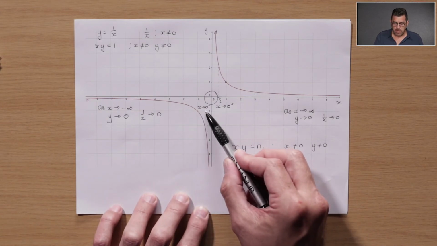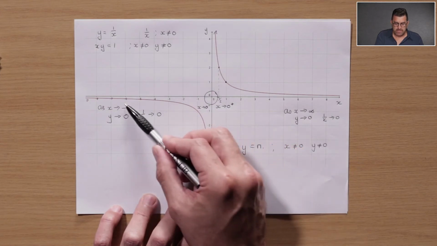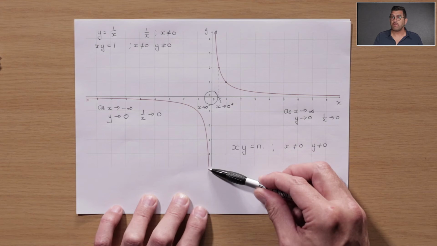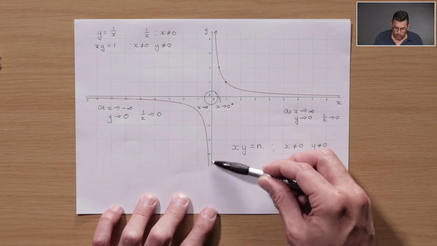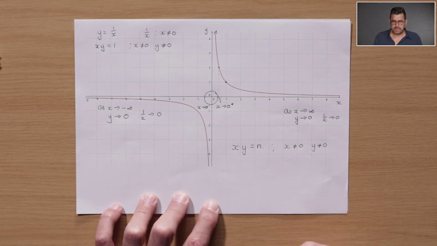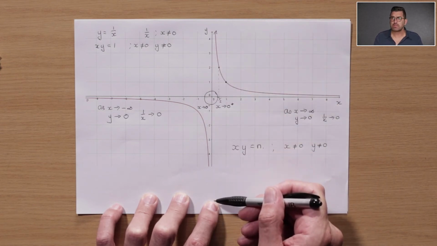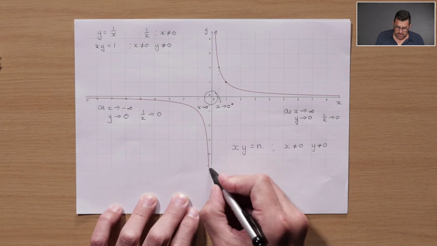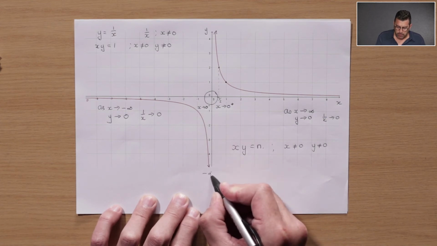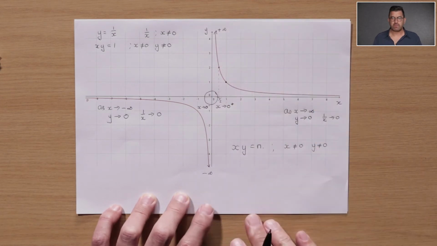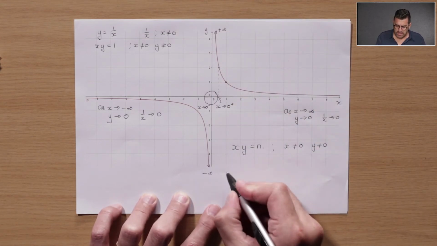The moment we get closer to naught from this negative side, these y values are shooting to very, very small numbers. Remember, if we go down on the y-axis, the numbers are becoming smaller. So here we are going towards minus infinity, and here we're going towards positive infinity. So let's write this down.